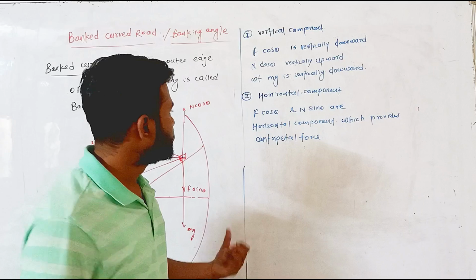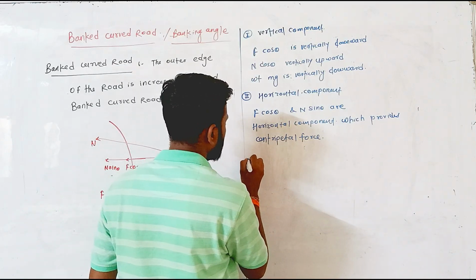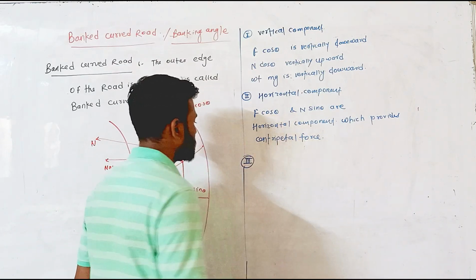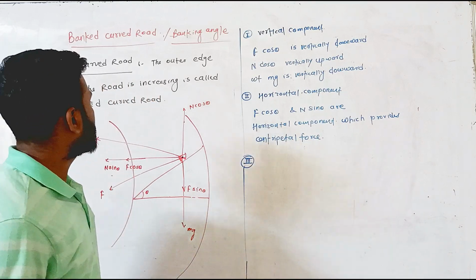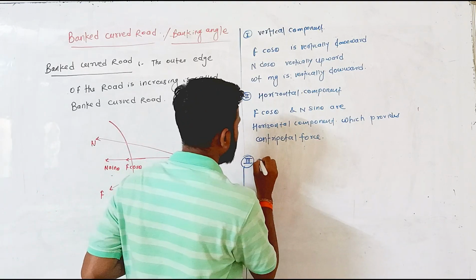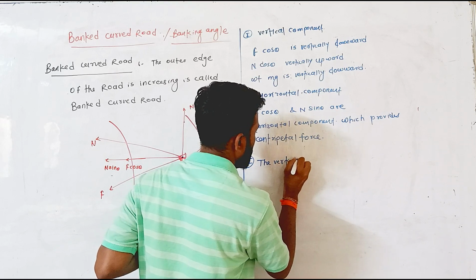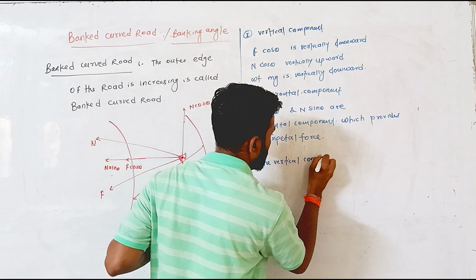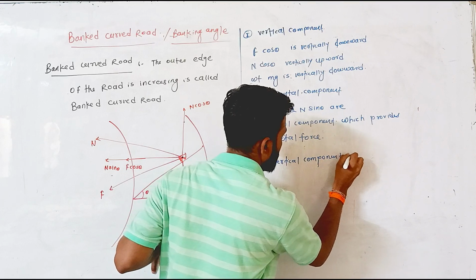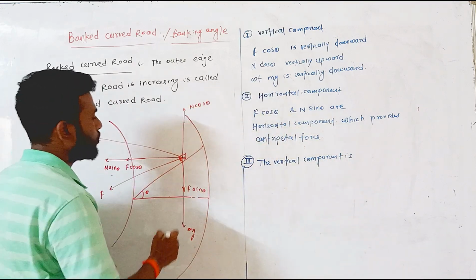Now, in the third step, we mathematically write the vertical component. What is the vertical component?